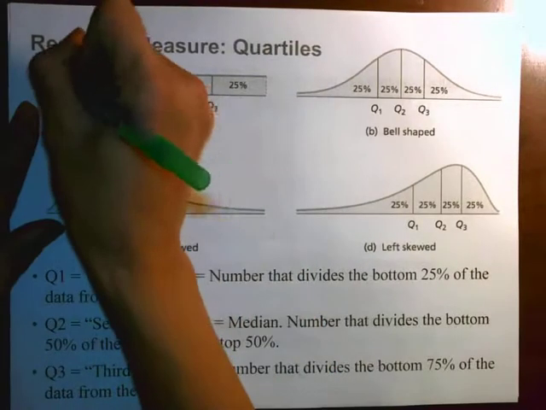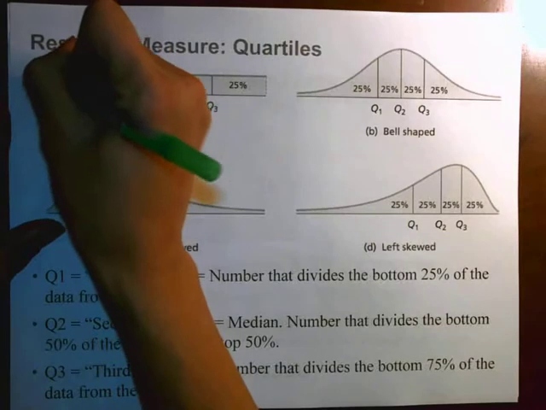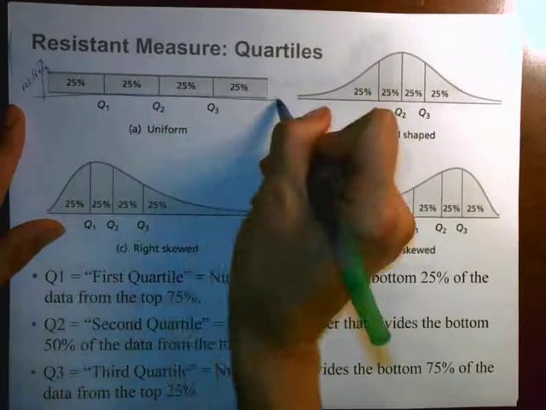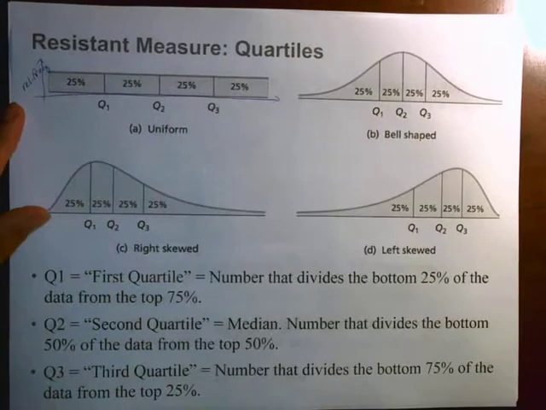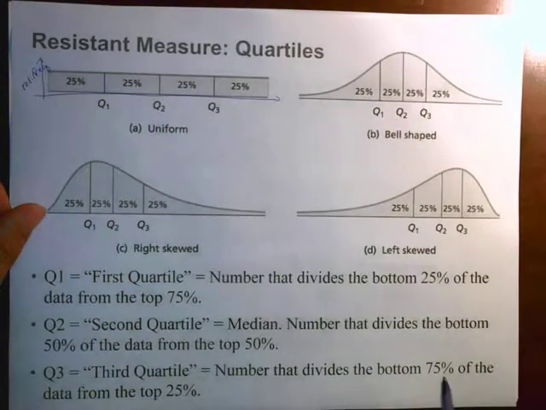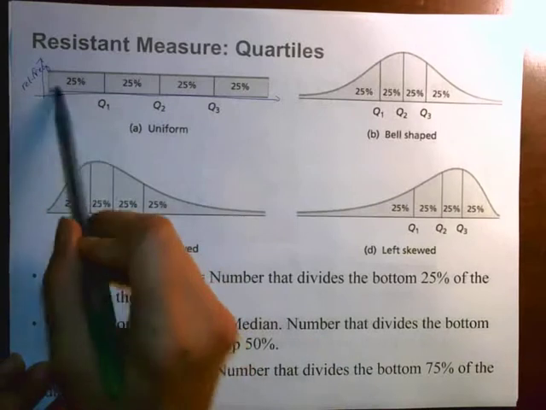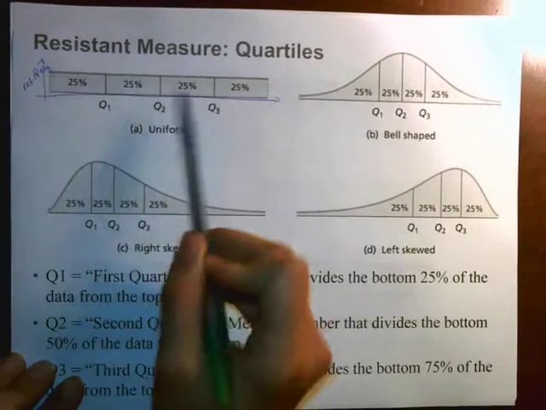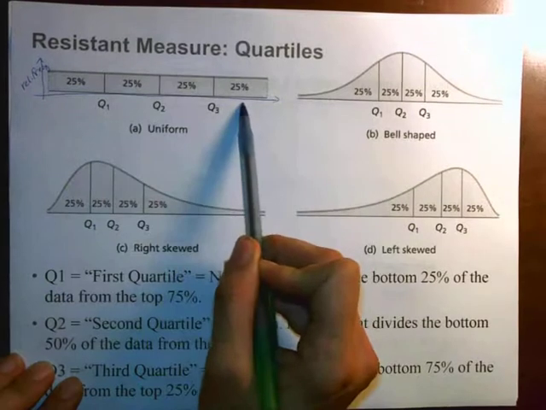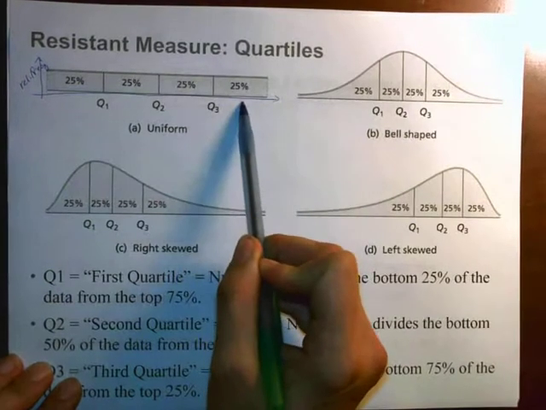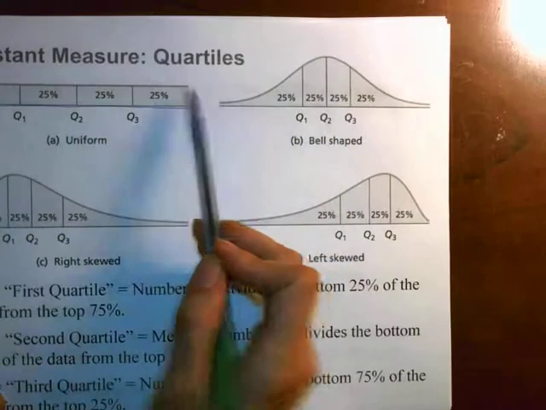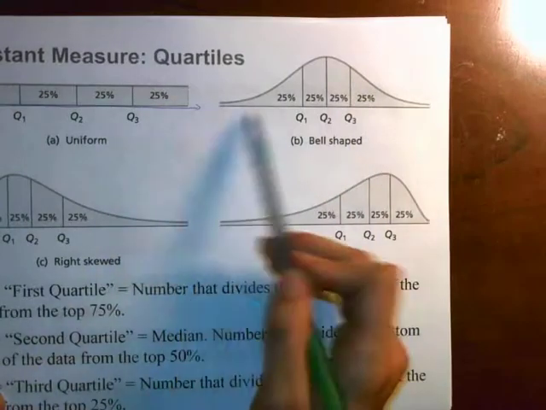So this would be a plot where we had relative frequency on the y-axis, and this would just be our x data. We could bin this data so that 25% of it was here, 25% of it here, 25% of it here, and 25% of it here.